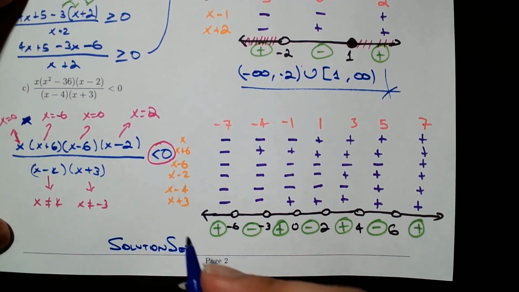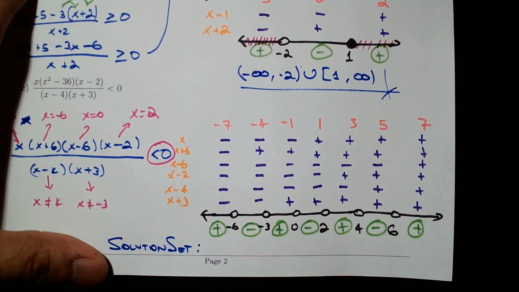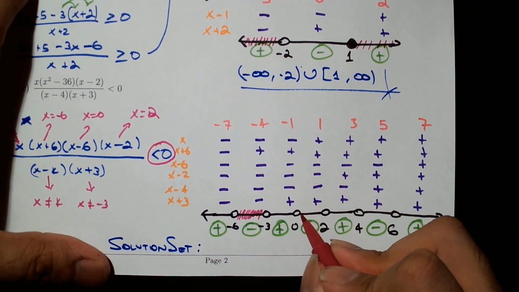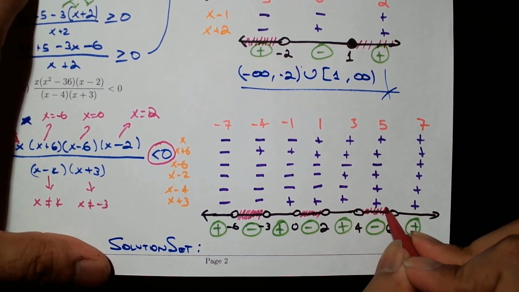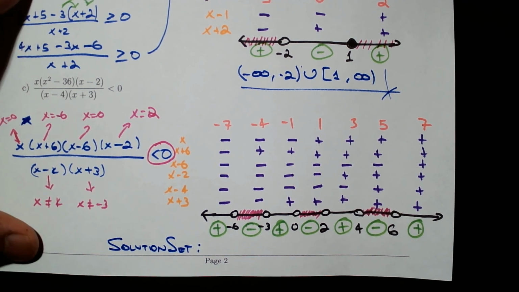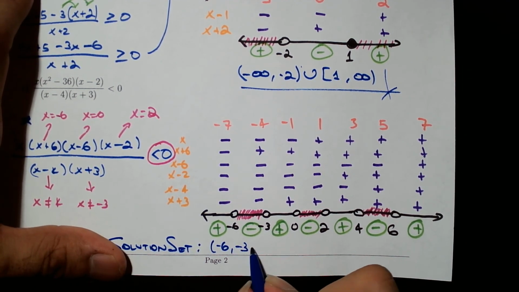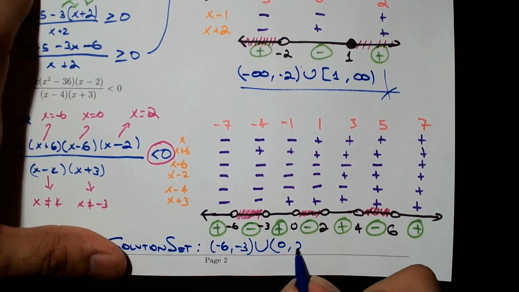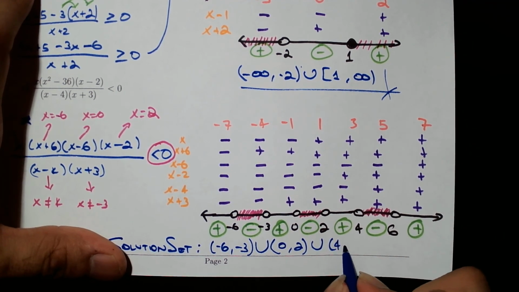This is going to be the first one, which is this one right here, and then that one right here, and finally this one right there. All right, so let's see. Negative 6 to negative 3, all with parentheses, union 0 to 2, union 4 to 6.